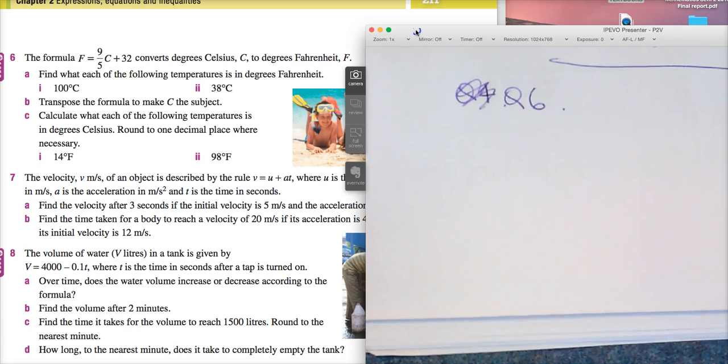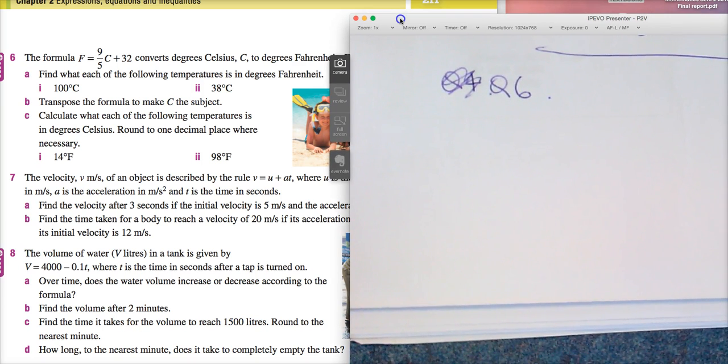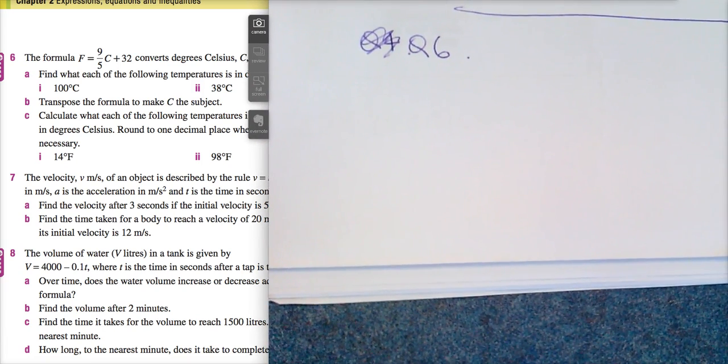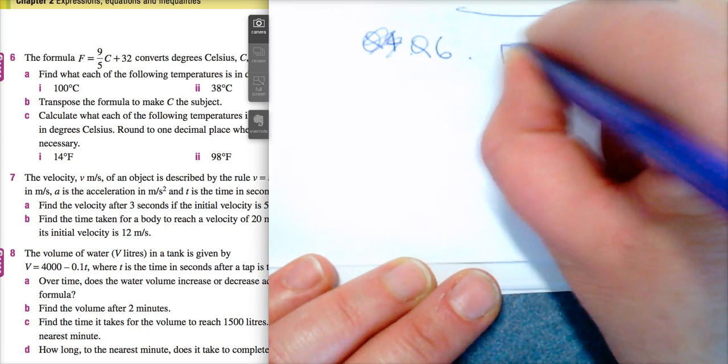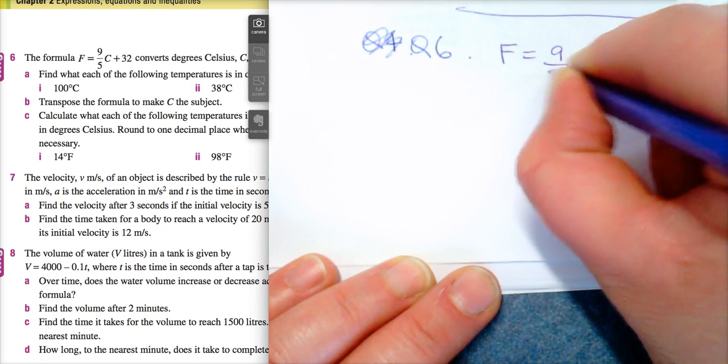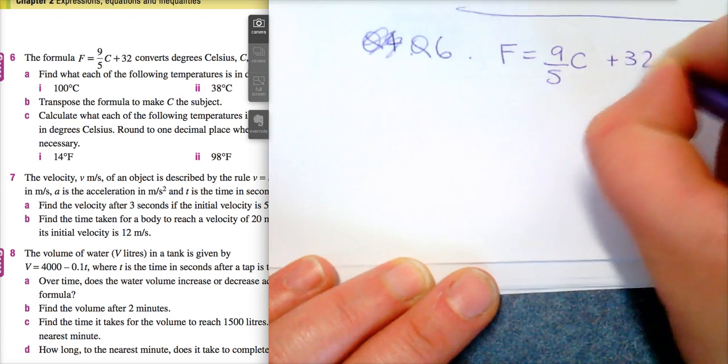Find out what each of the following temperatures is in Fahrenheit. I'm not going to do all of that. I'll do one of them, but I really want to do part C of this question. So question 6, this is the formula. F equals 9 over 5C plus 32.